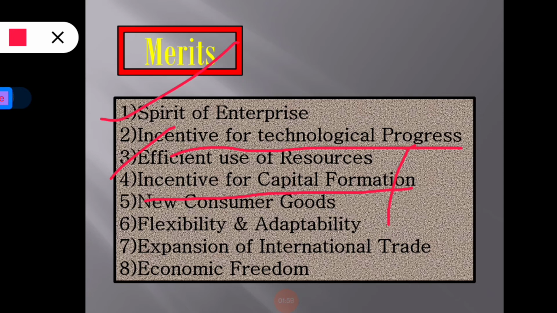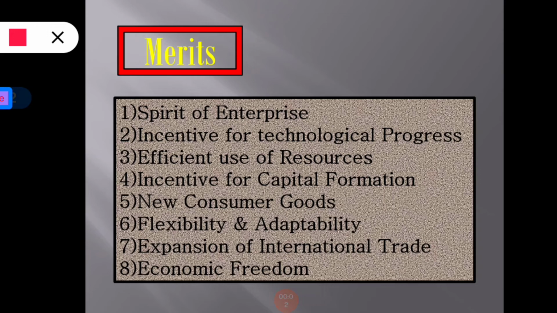Now going to the fifth one, that is new consumer goods. The capitalistic economy has brought in a flood of new products, because the desire to earn more profit has motivated producers to produce new products, new varieties of products. Competition has also encouraged them to improve the quality of the old products.